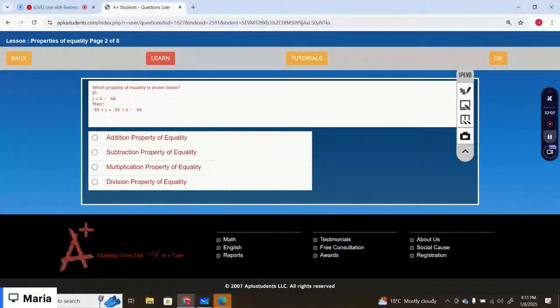Which property of equality is shown if j equals k minus negative 66, then negative 55 plus j equals negative 55 plus k minus negative 66? So which is the correct option?